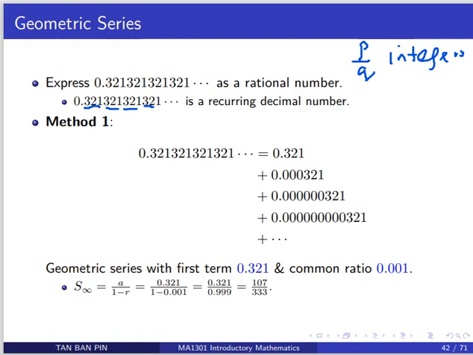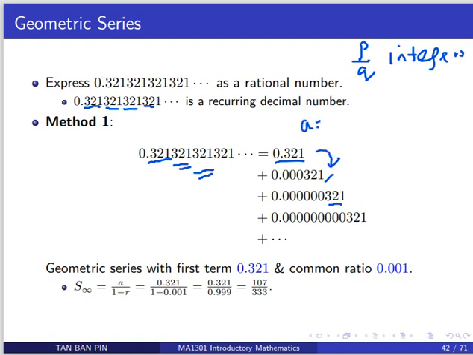So you can rewrite it as 0.321, and after that the next 3 decimals are 0.000321. Then the next 3 decimals 321 have 6 zeros in front, so it's written here. With that, you see that you get a geometric series.